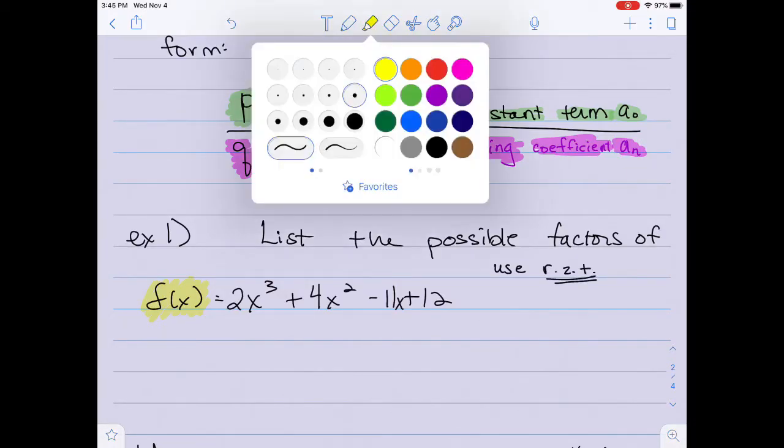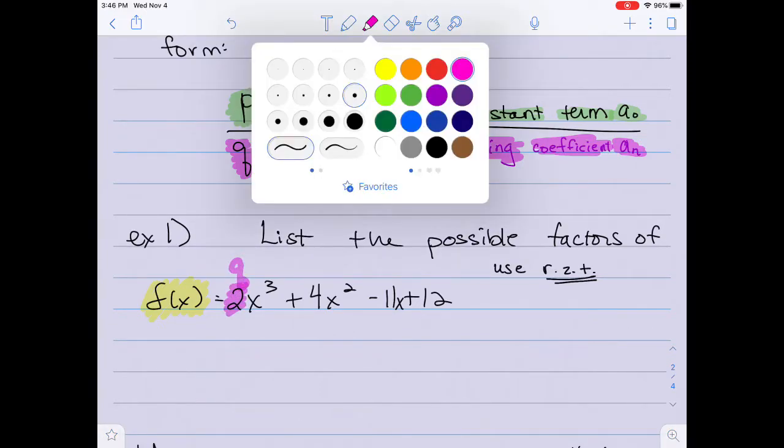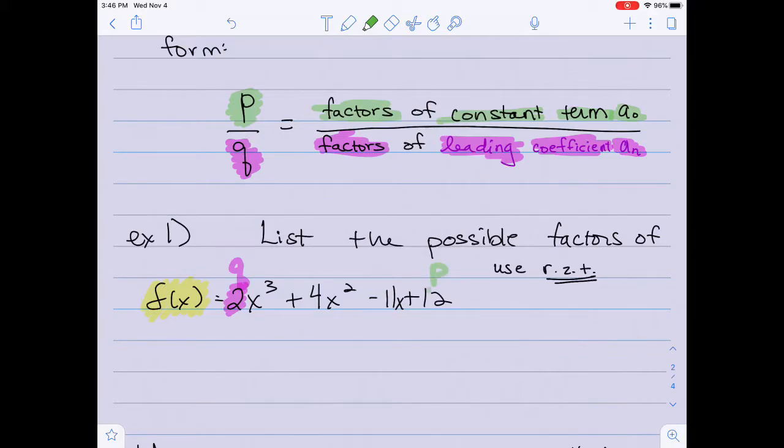First we're going to identify this is our q right here, and this is our p right here. So we're going to have to list our factors of p over the factors of q.